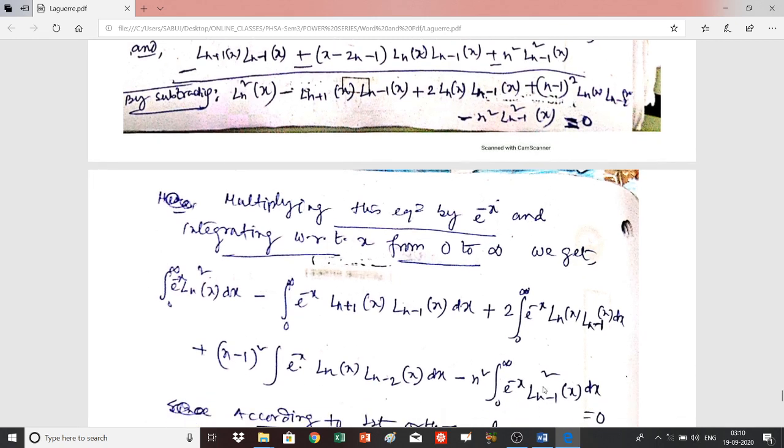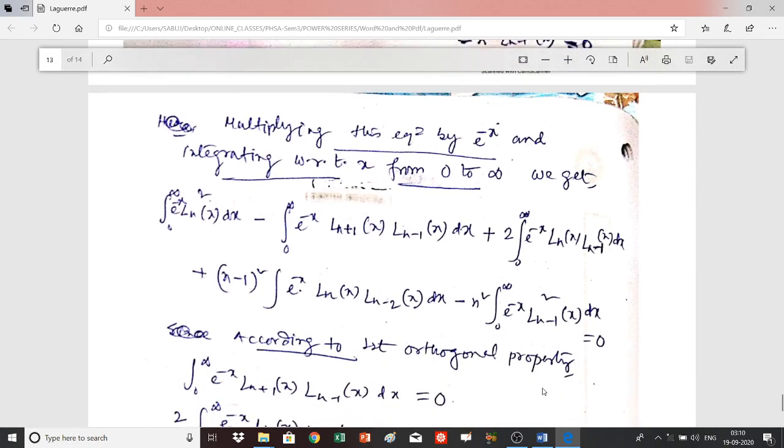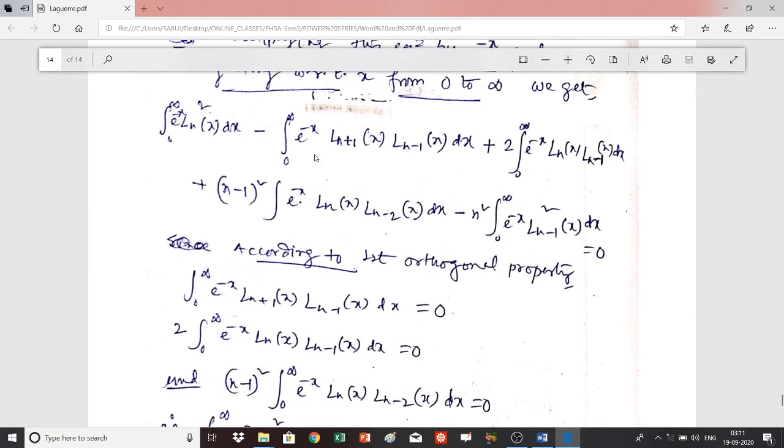From this term you have obtained this term. Now according to the orthogonal property, you know that in this relation the integral from 0 to infinity of e^(-x) Ln plus 1 x Ln minus 1 x, if it is m and it is n, so in this case m is not equal to n, and this value will give you a 0 result, that is written here.